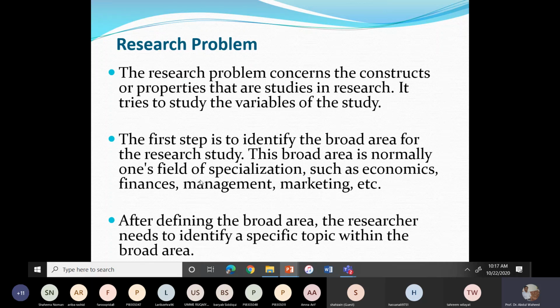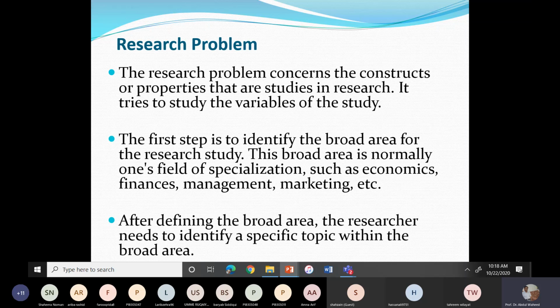Someone will say that he will conduct research in the management area. So after defining the broad area, then the researcher needs to be very specific within the broad area. If it is economics, then what is the specific topic on which you will carry out your research?